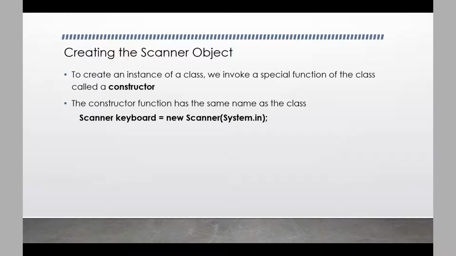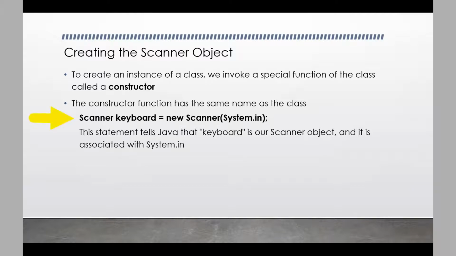We also could use a file. In this video, we're going to continue to focus on the keyboard. So this statement shown here tells Java that this thing called keyboard is our Scanner object, the reference variable to refer to the object, and it is associated with System.in.